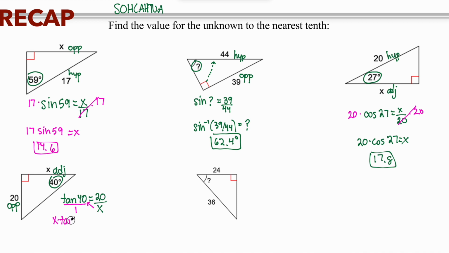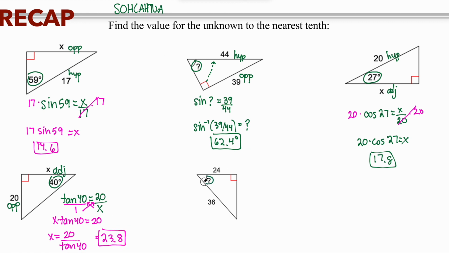So you'll get x times tan of 40 equals 1 times 20. So to solve, you will divide by tan of 40, and you will get 23.8.